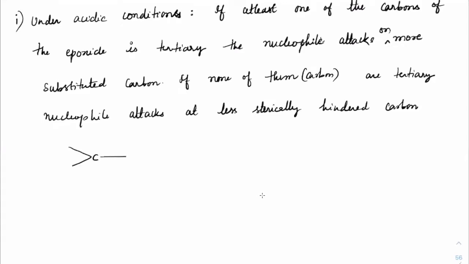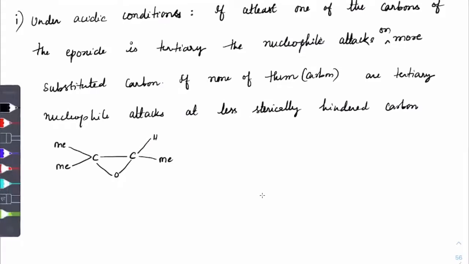So we have carbon here connected to another carbon. Imagine there is only one methyl group, the other one is hydrogen, and oxygen is connected here. Here on the other side we have two methyl groups, so you can see that we have this at the tertiary position.